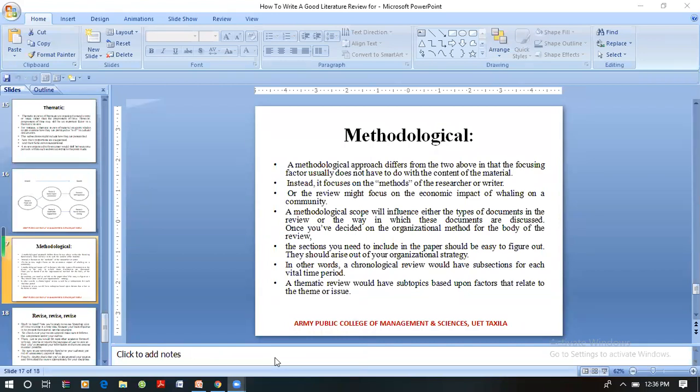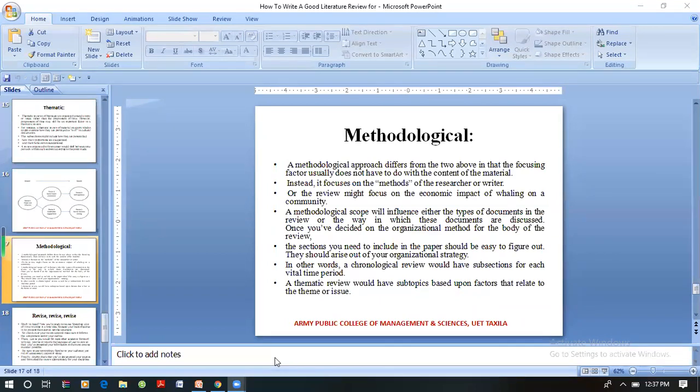Yes, sir, there is. The gaps, trends or weaknesses that you already explained in a problem statement, you are providing evidence for that weakness in the shape of a literature review.